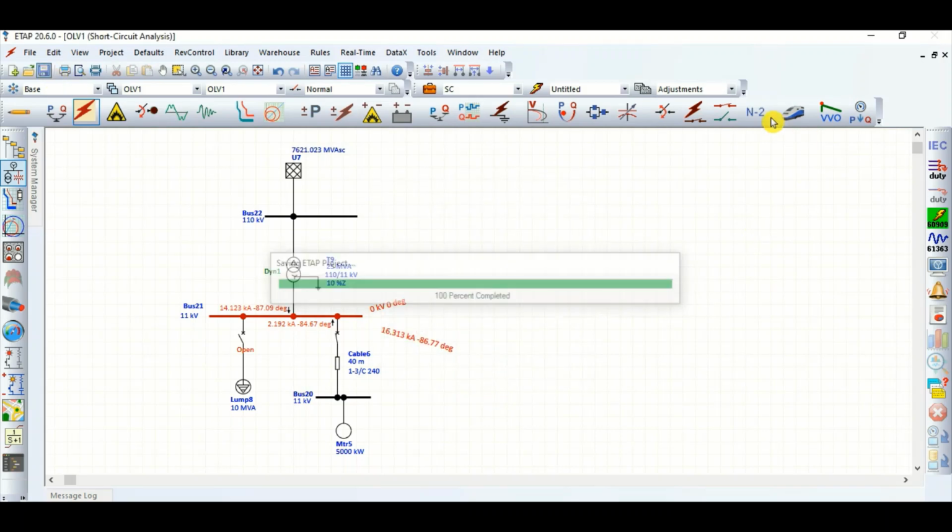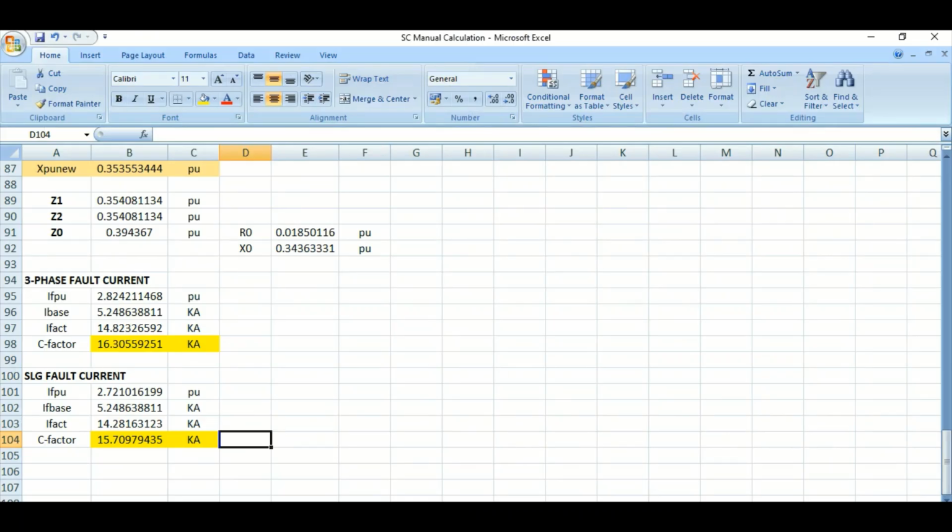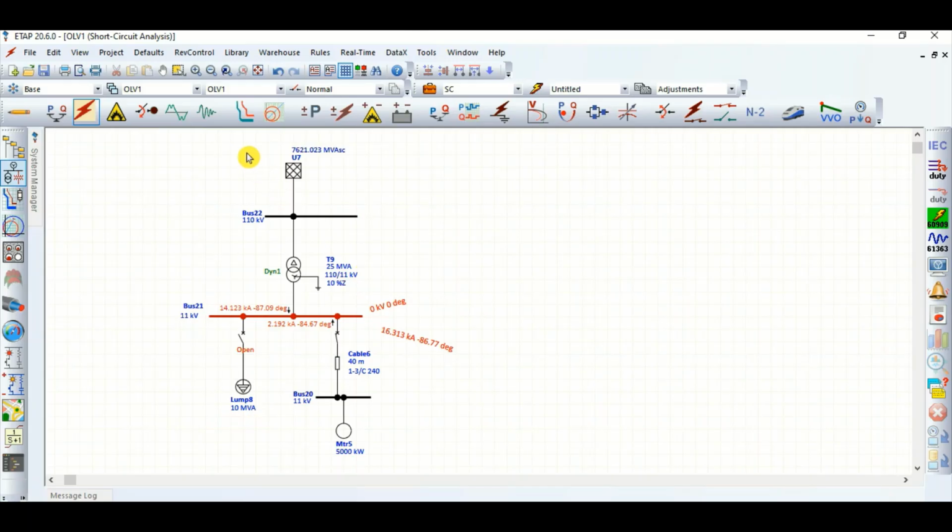So what we have seen is the source fault current contribution and the contribution from the load, meaning the connected motor. In the next video, we will cover the lump load also.